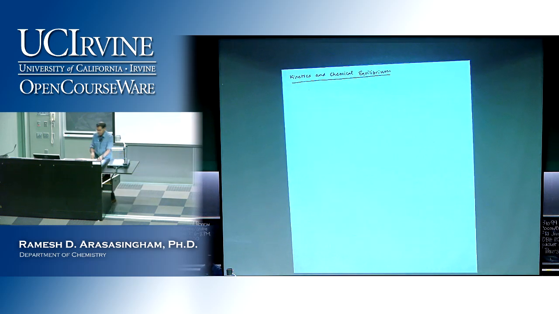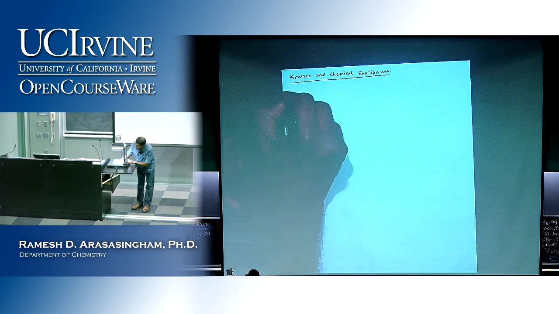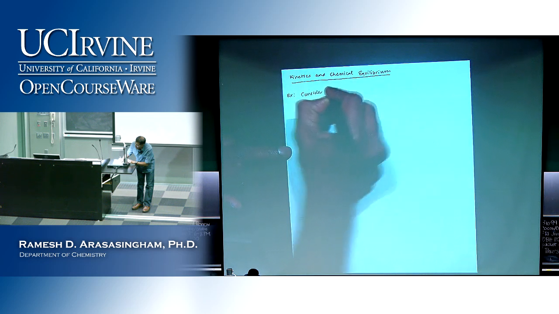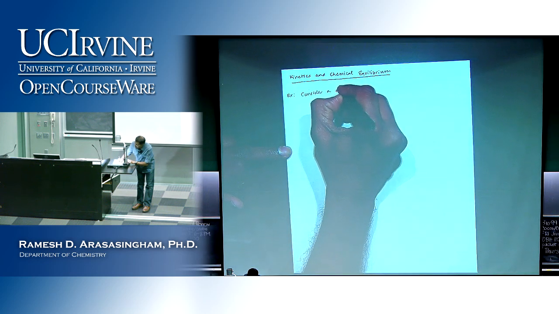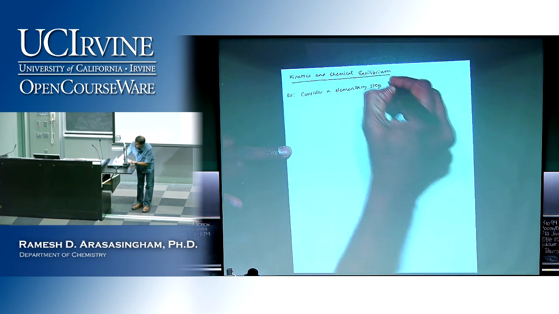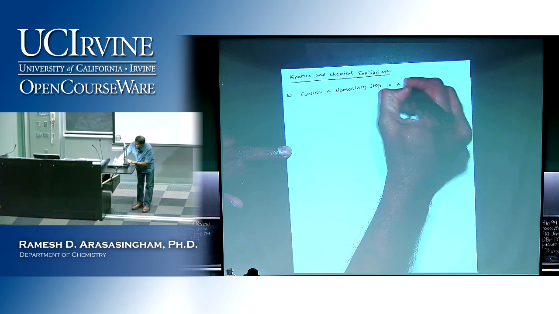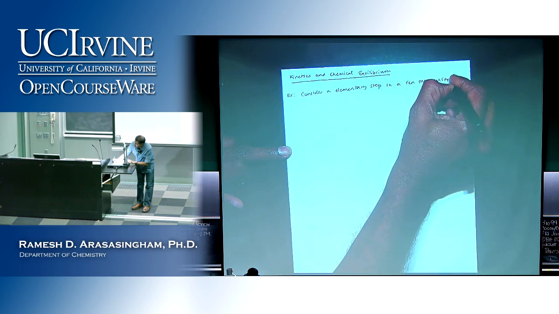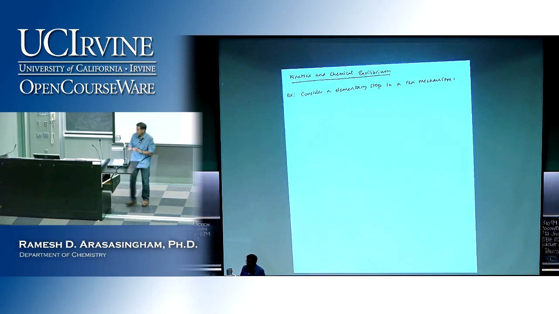Let's consider an elementary step in a reaction mechanism.